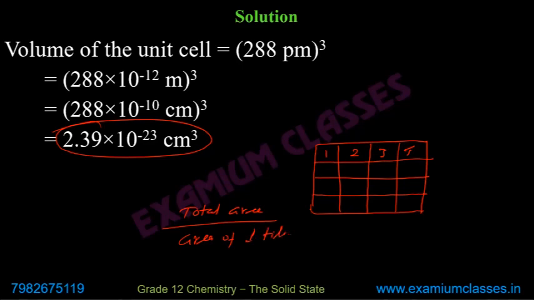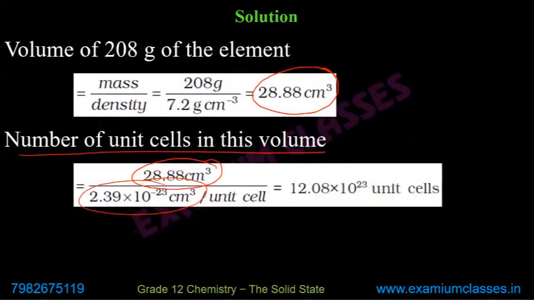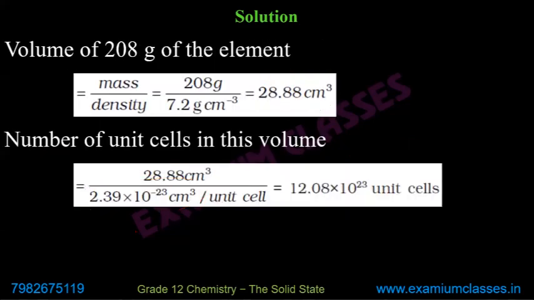That's what you do. Number of tiles will be total area divided by area of one tile. Similarly, you did here. Number of unit cells is total volume divided by volume of one unit cell. You got the number of unit cells.